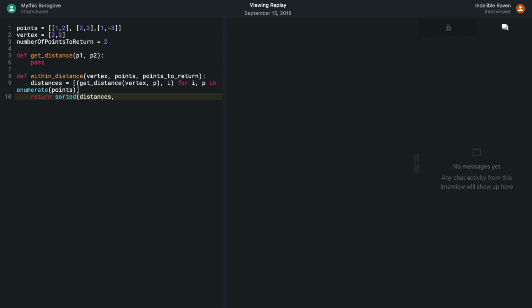Yeah. So sorted distances, and then we want the first up to points to return. We might have to do this to get it as a list. Okay, and then for getting the distance of arbitrary dimension, we said we would take the square root of, basically, the square root of the sum squared.